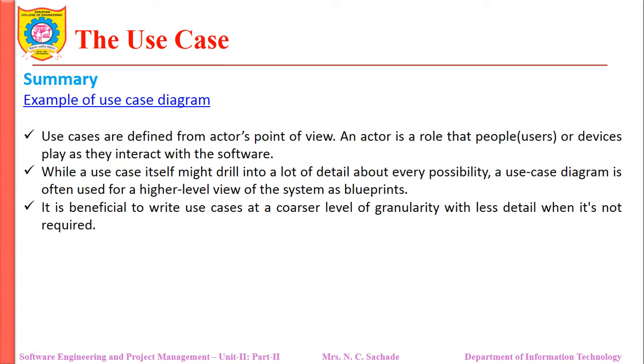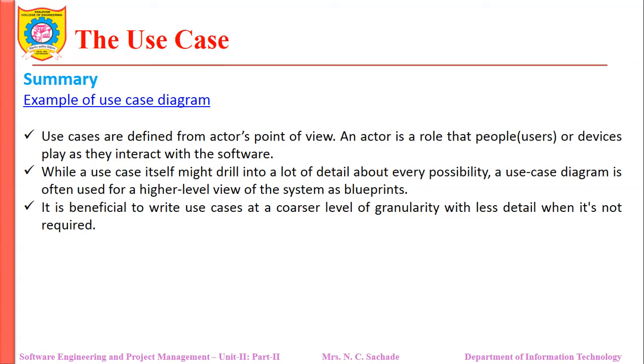So, to summarize, I would say use cases are defined from the actors' point of view. An actor is a role that people or users or devices play as they interact with the system. You remember actor homeowner, you remember actor cell phone company, you remember actor cell phone owner or user or customer. So these were all the actors.